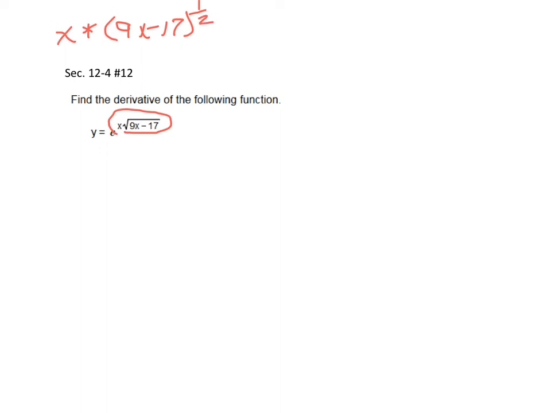So when we take the derivative, this is a product rule. And taking the product rule, we take the first factor, which is x, times the derivative of the second factor, which is 1/2, times 9x minus 17, and then 1/2 minus 1 is a negative 1/2 power.